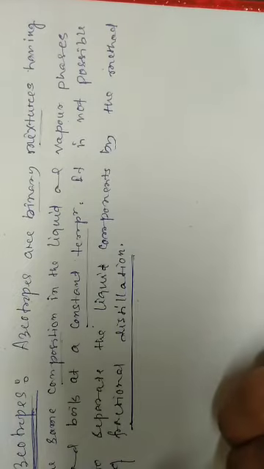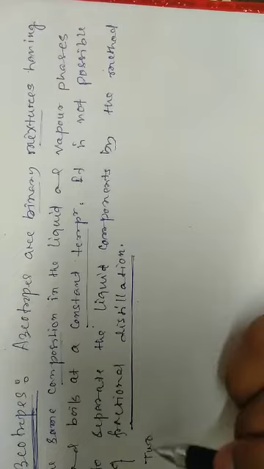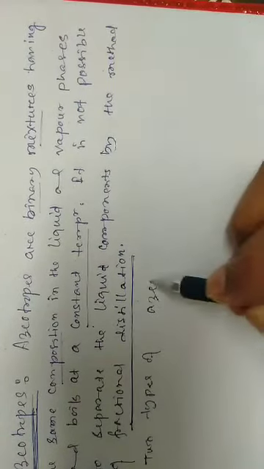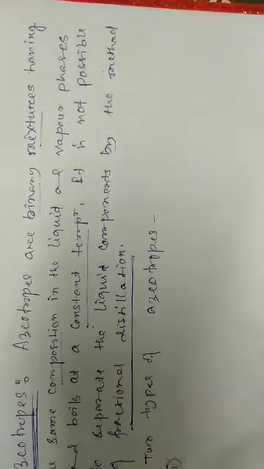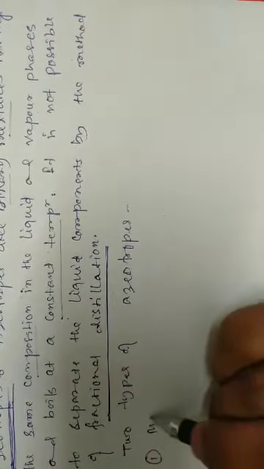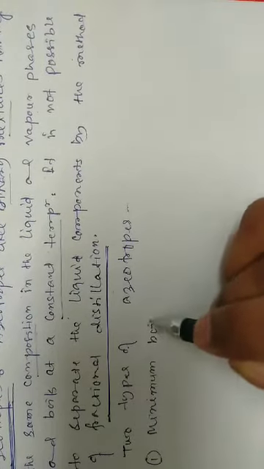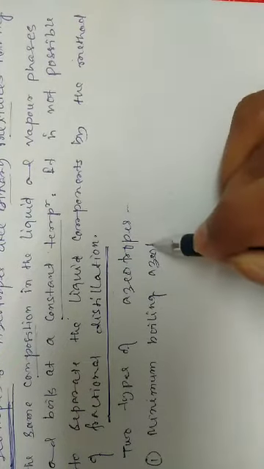So azeotropes are two types of azeotropes. Number 1, minimum boiling azeotropes.